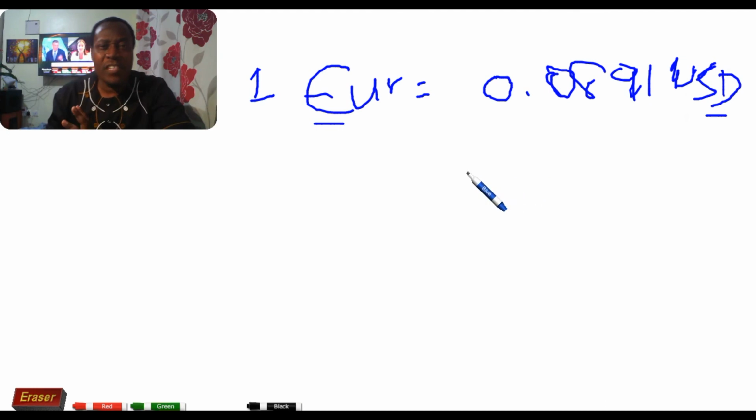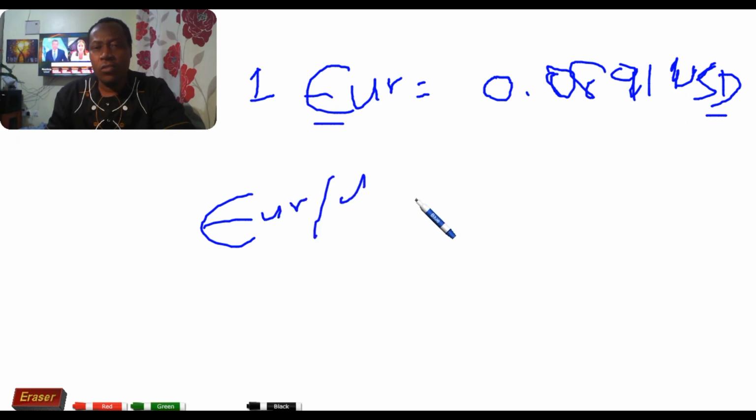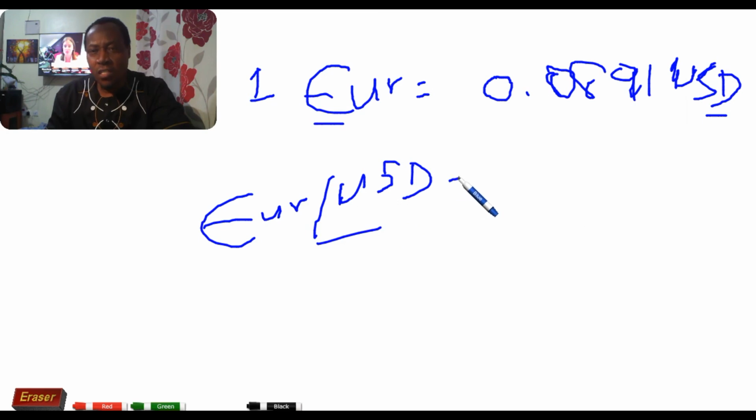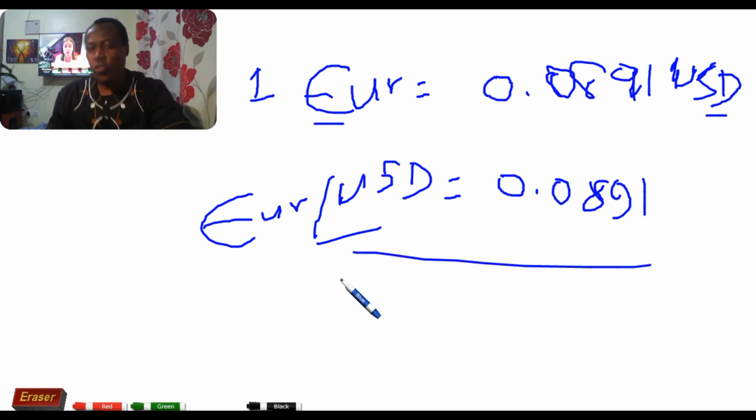It's basically a summary of a sentence, because when you say Euro stroke USD is equals to 0.0891, what you are saying is that this pair, the price is this.